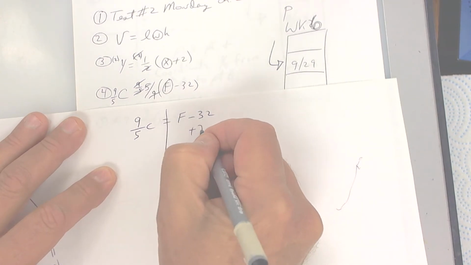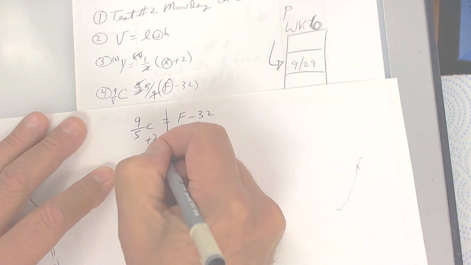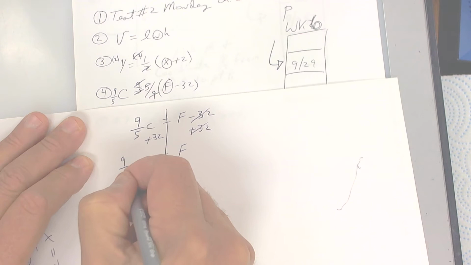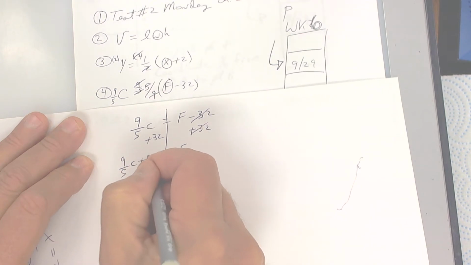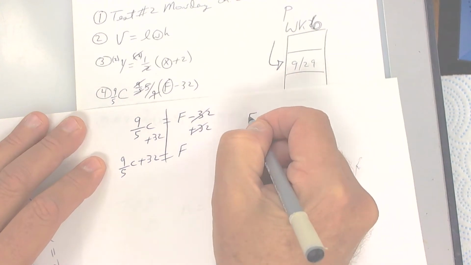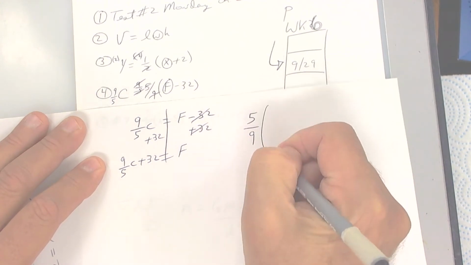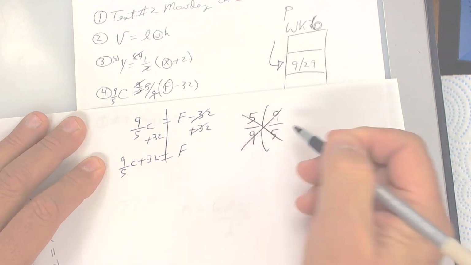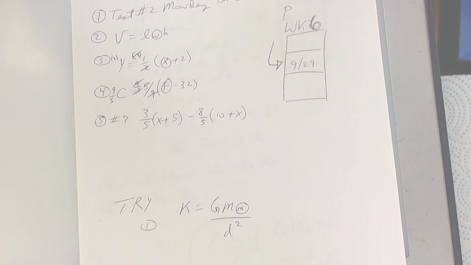And then all you do is add 32. And you get 9/5 Celsius plus 32. So again, the trick is, since it's 5 over 9, you multiply by 9 over 5, the reciprocal, and then they all cancel out. Okay, that's the trick.